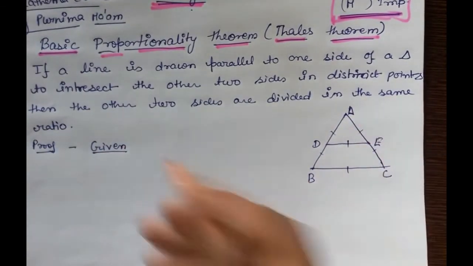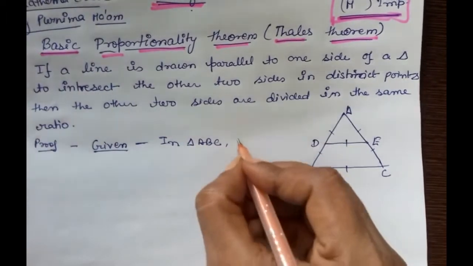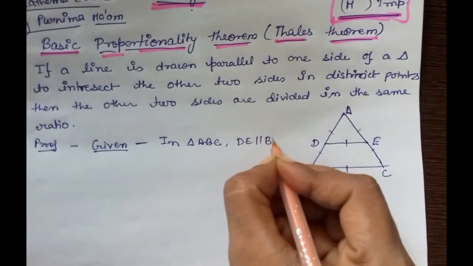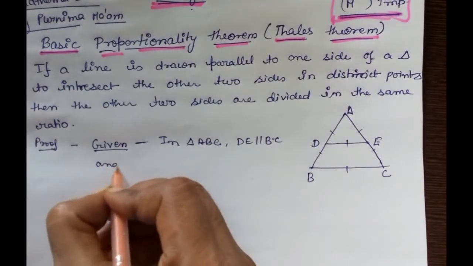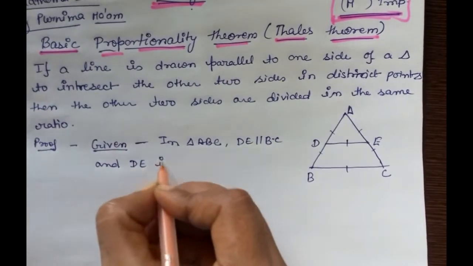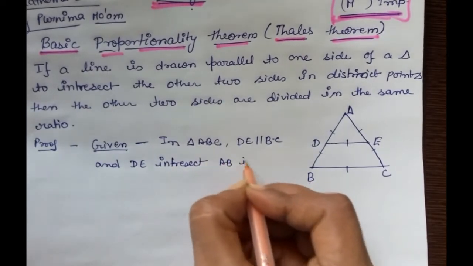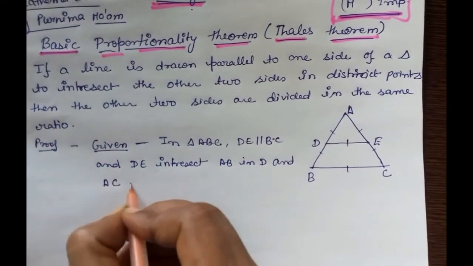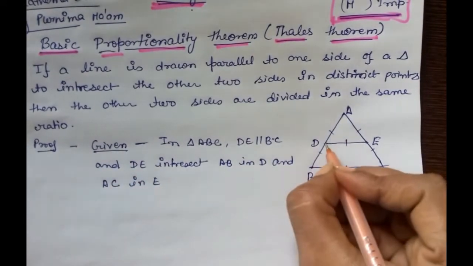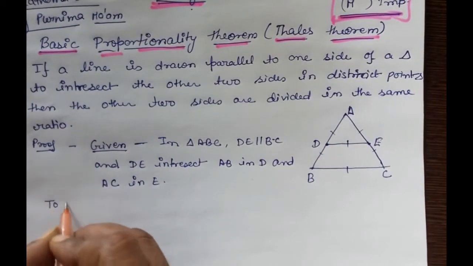In triangle ABC, DE is parallel to BC, and DE intersects AB at D and AC at E. Now what do we want to prove?